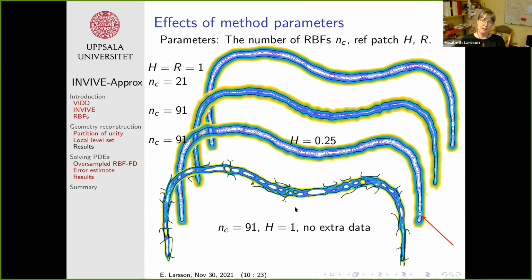And then finally, if we remove all the extra conditions that we put to stabilize the approximation, we get this very hairy approximation, which is not at all doing what we wanted to do. So it will be difficult to use because we will not know what is the true surface and what is junk around it.